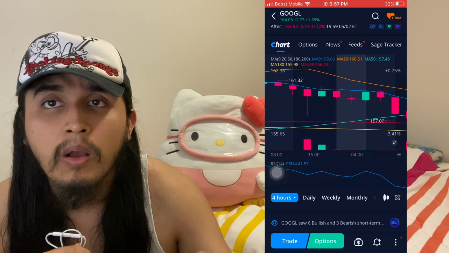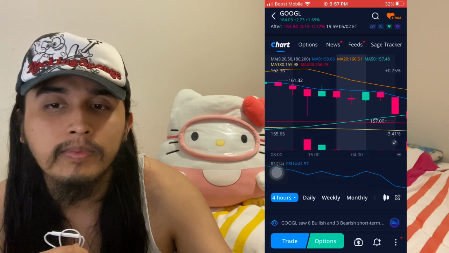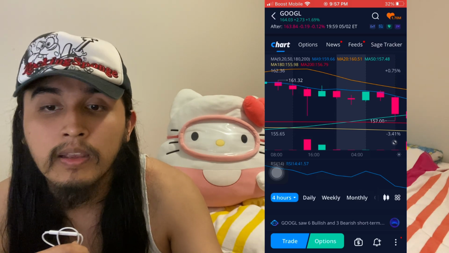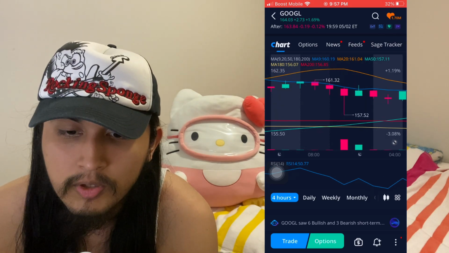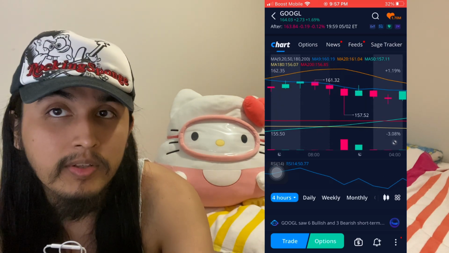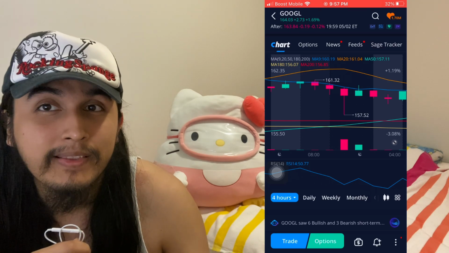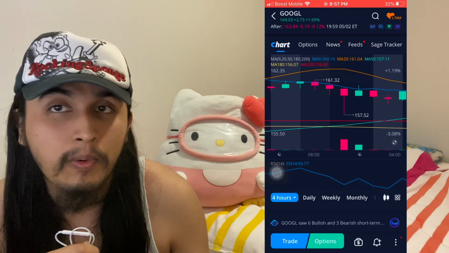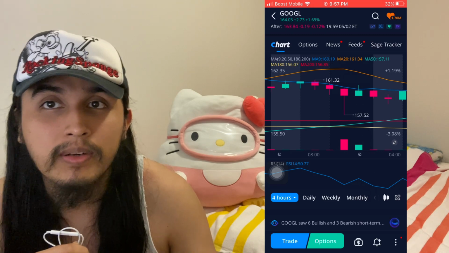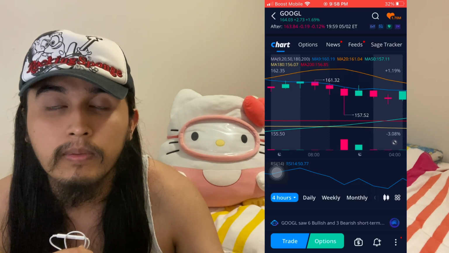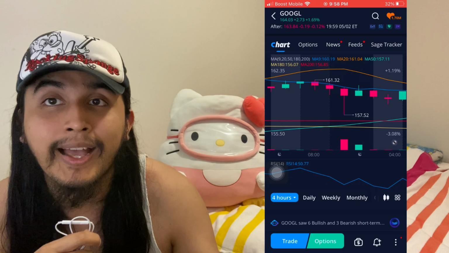Like I explained, Google was having trouble breaking out of the 9-day moving average in the pre-market, so it was likely to see more continuation toward the downtrend throughout the day.